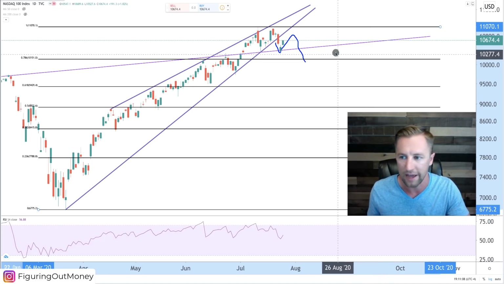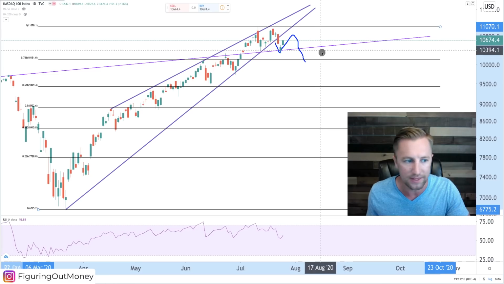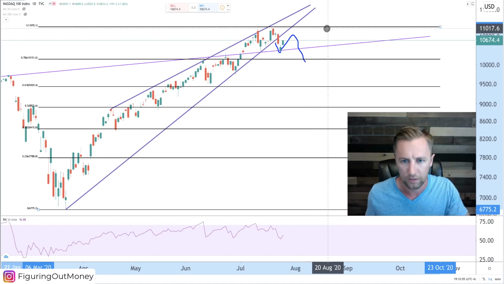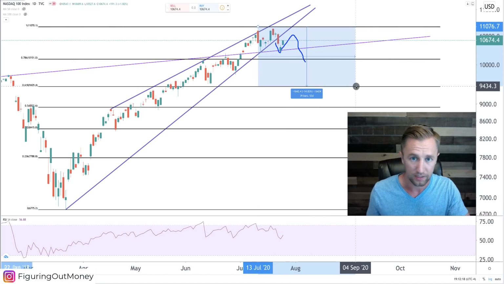retracement level. Now, a drop from a high of 11,000 down to 9,429, that's a pretty significant move in the markets. And this index really has been leading the way in all other markets. So if the Nasdaq 100 was to fall to those type of levels, that would be considered a market correction and just about entering into a bear market.